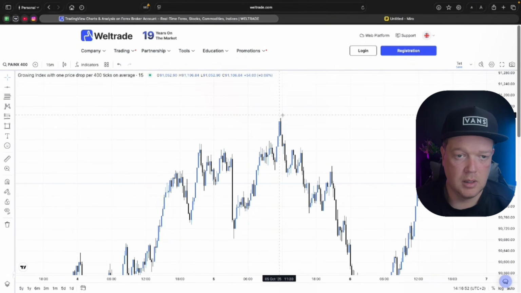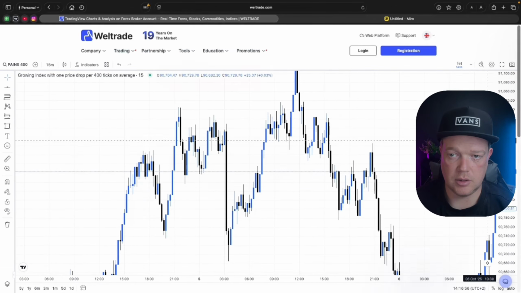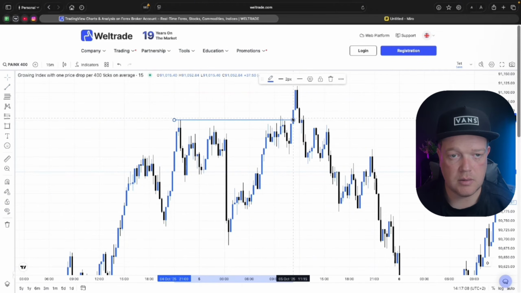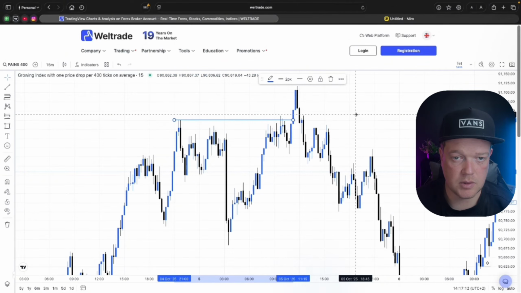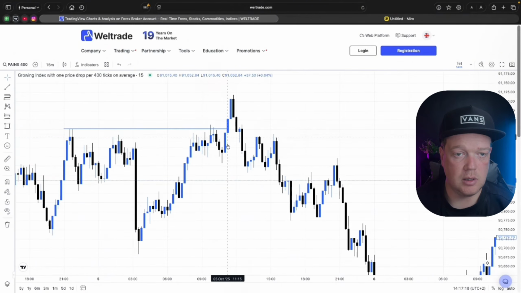When we look at this piece of price action, we can clearly see we had a liquidity sweep right over here. There's a bunch of highs that are created also right over here. We broke through this high. Now, where was the low that broke these highs? It was this low right over here.